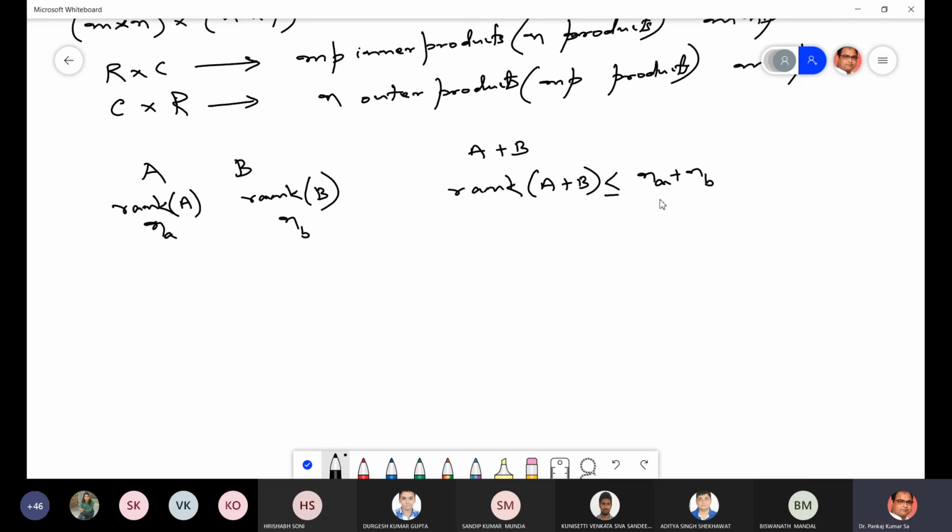So a sum of completely mutually exclusive independent vectors would result in equality, otherwise it will be less than.